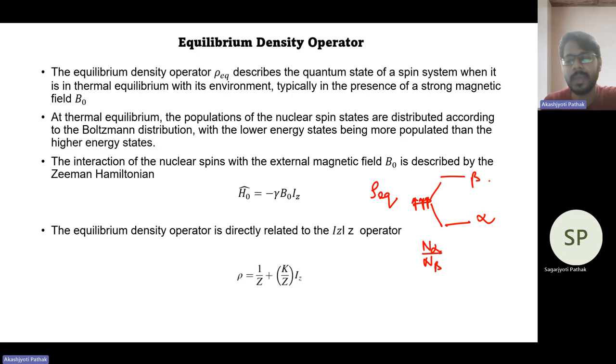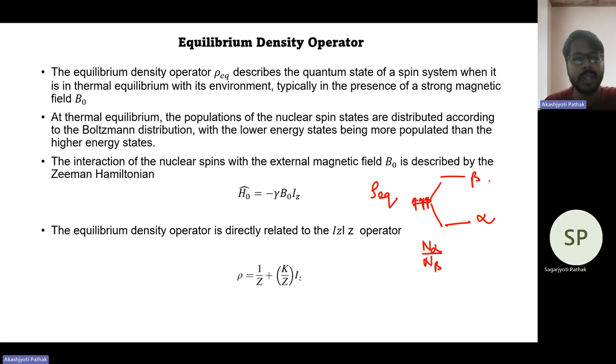The number of nuclei occupying the lower energy state is relatively more than those occupying the beta state. So at thermal equilibrium, the population of the nuclear spin states is distributed according to the Boltzmann distribution, with the lower energy states being more populated than the higher energy state.